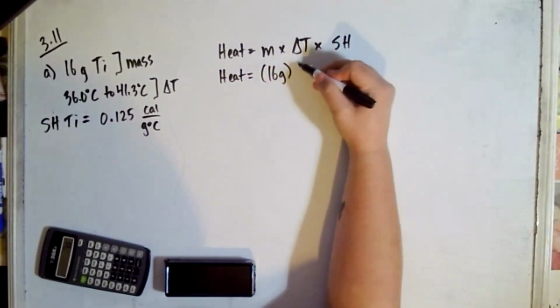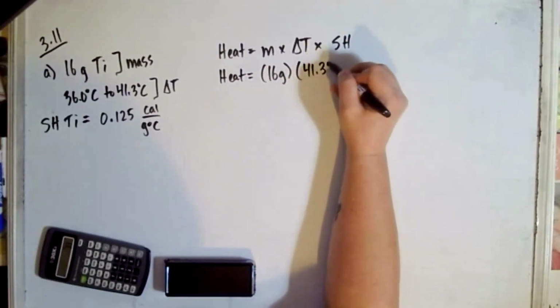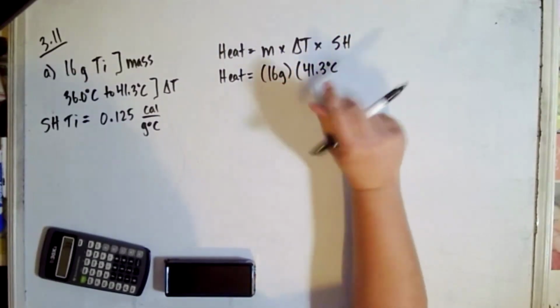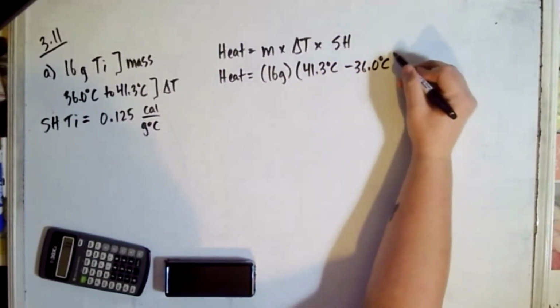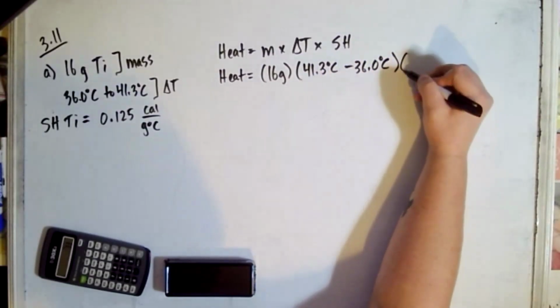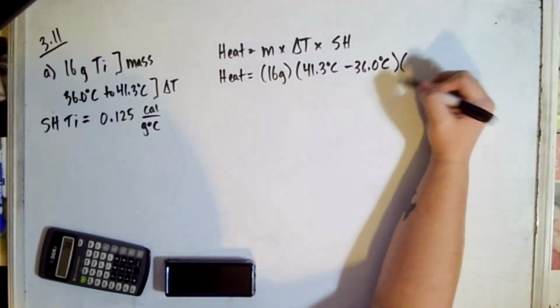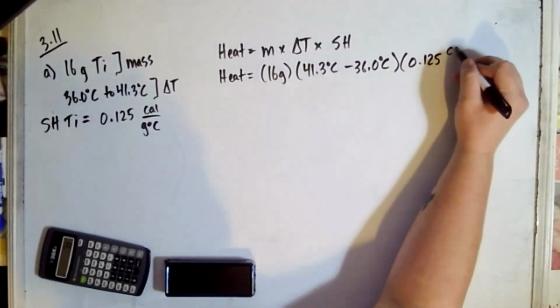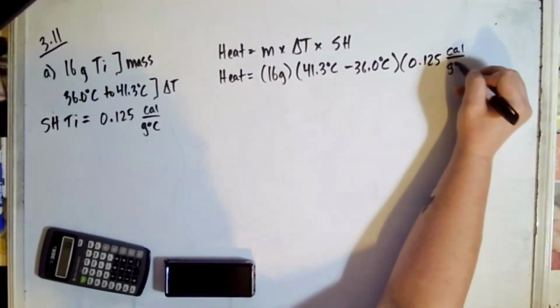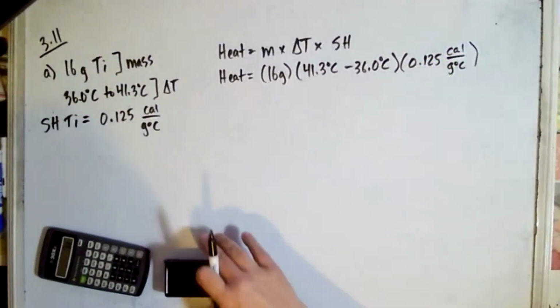So 16 grams times delta T, which is going to be 41.3 degrees Celsius, which is my final temperature, minus 36 degrees Celsius, which is my initial temperature, times the specific heat, which is 0.125 calories over grams degrees Celsius.